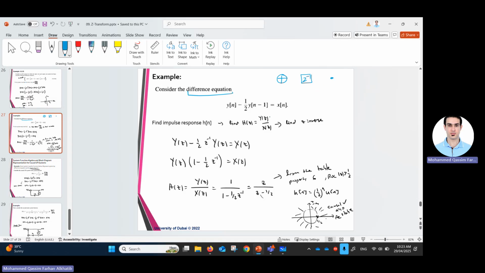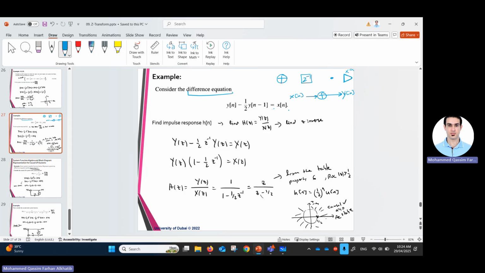So how to represent this difference equation as a block diagram? Basically, I have x of n, and I have y of n, and I have my adder somewhere there. Always you start by x of n, and you finish by y of n. There is also another component, which is a multiplier, like a multiply by a certain coefficient or constant.